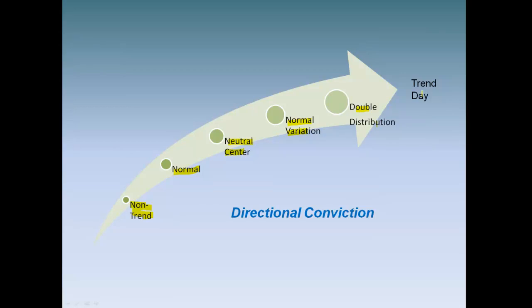But ultimately, the biggest directional conviction we're ever going to see is in a trend day. These are our actual trending days. So all the others show lower levels of conviction, and the conviction increases depending on the type of day that we see, but ultimately your biggest conviction is going to occur on a trend day.